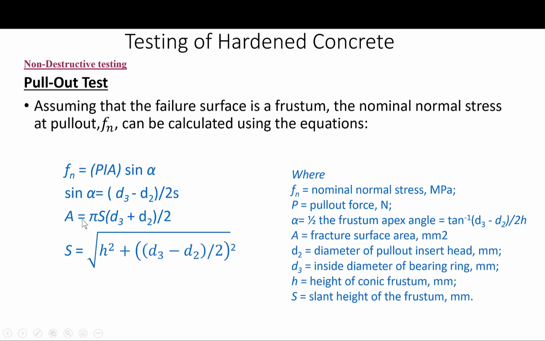A is the fracture surface area, which is here. Alpha is half the frustum apex angle, which is the arctan of D3 minus D2 over 2H. P is the pull-out force, evidently. F sub n is the nominal normal stress in MPa. S is calculated using this equation. D2 is the diameter of the pull-out insert head.